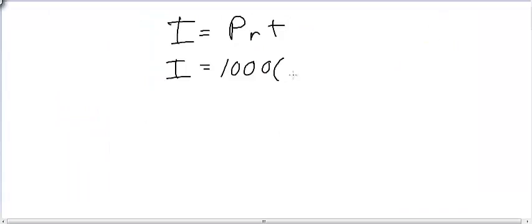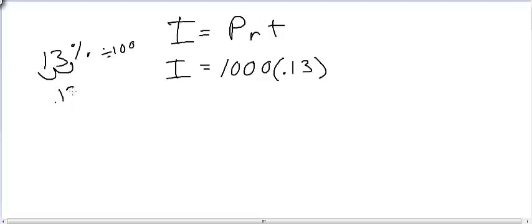interest is what I want, principal is $1,000, the rate we said is 13%. Now rates in problems like this, when we put them into an equation, we want to put them in as decimals. We never want to put them in as percentages. So you put in 0.13, because 13%, to translate to a decimal, we divide by 100, the effect of which is take the decimal point, which is currently right here after the 3, 2 spaces to the left, so hence the 0.13.